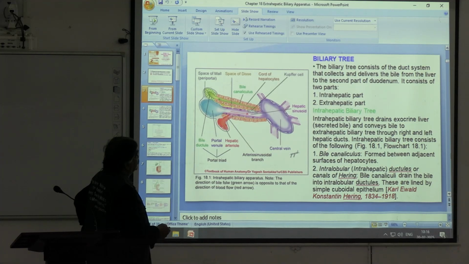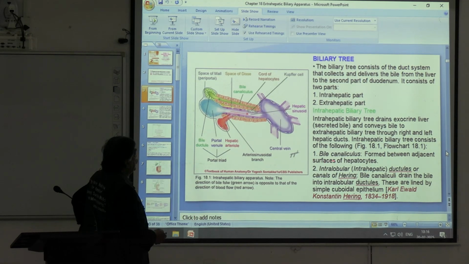The intrahepatic biliary tree consists of the following: the bile canaliculus, formed between adjacent hepatocytes. This is the bile canaliculus, these are the hepatocytes.